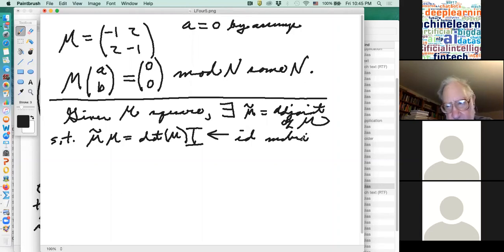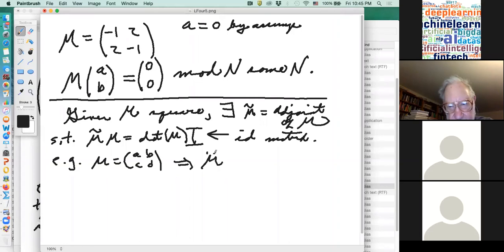You may remember this from linear algebra. For example, if M is equal to A, B, C, D, then M tilde is equal to D, minus B, minus C, A. Check it. AD minus BC, that's the determinant. AB minus AB, 0. CD minus CD, and AD minus BC.